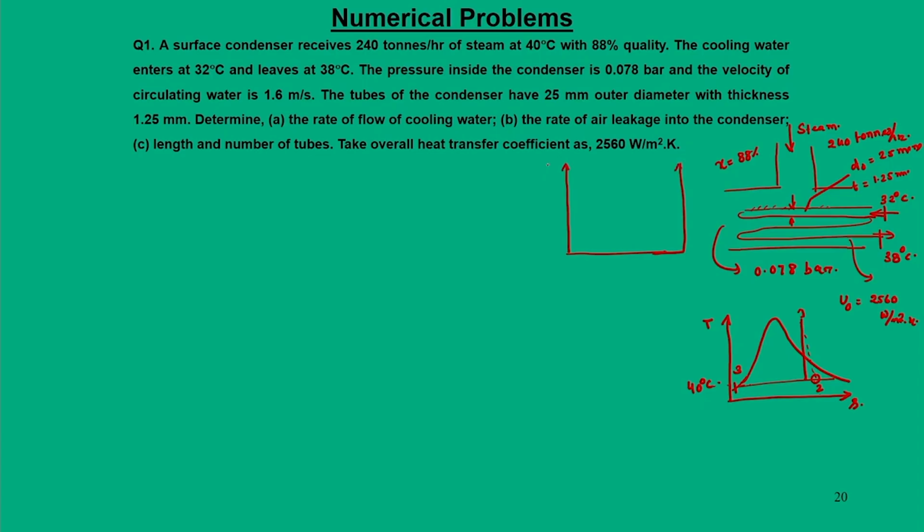So, if you plot temperature versus path length, that is A0 or L in this direction, then steam condenses in this manner.